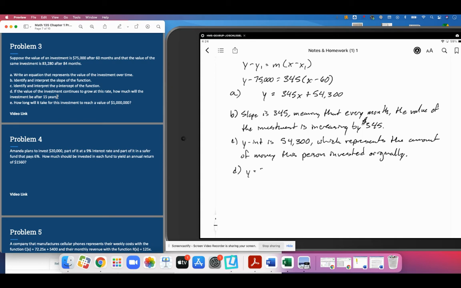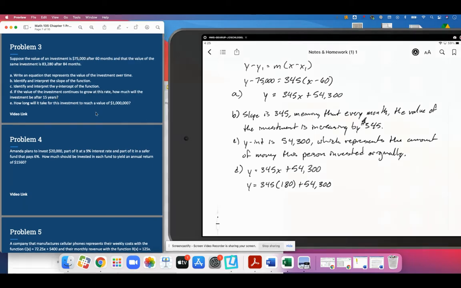So y equals 345x plus 54,300. And we are going at this for 15 years, which again is 180 months. So y is equal to 345 times 180 plus 54,300. And I think it's going to be sort of shocking when you see what ends up happening here, everyone.